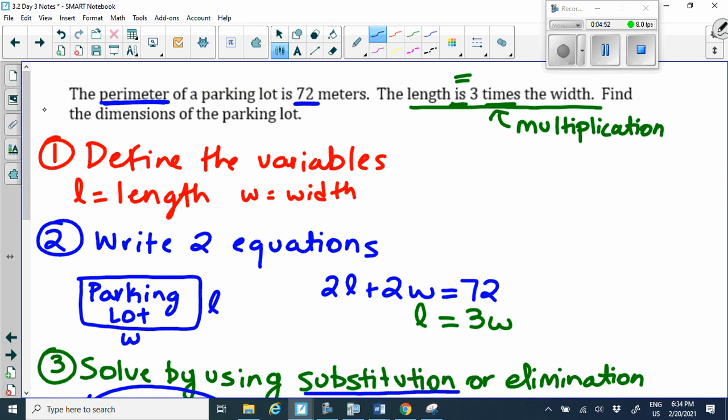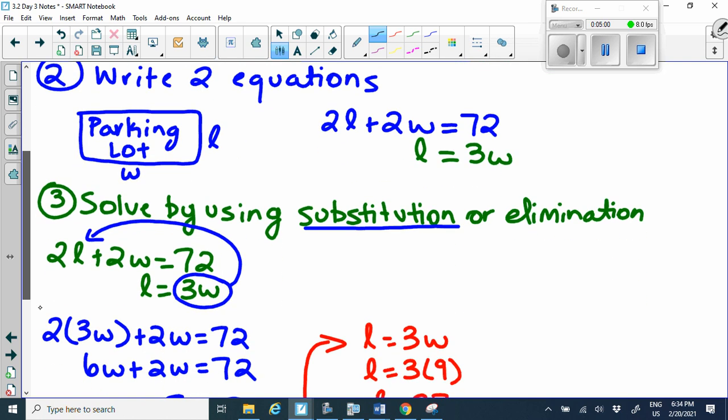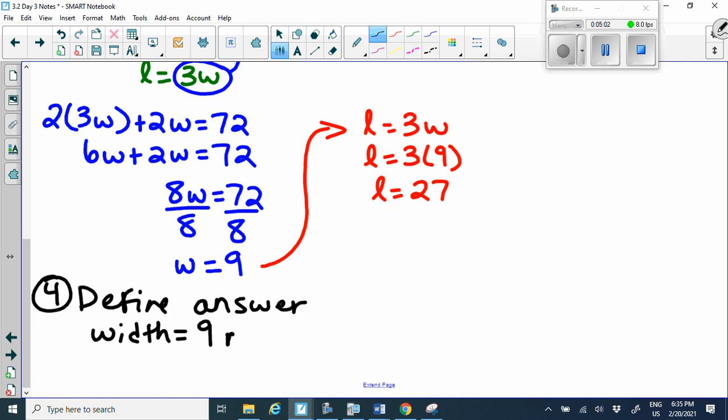So notice it does tell us that we are in meters. So that is the unit I am going to use for my final answer, okay? So I have 9 meters, and you can just put 9m, that's fine. And then for my length, that's going to be 27 meters, okay?